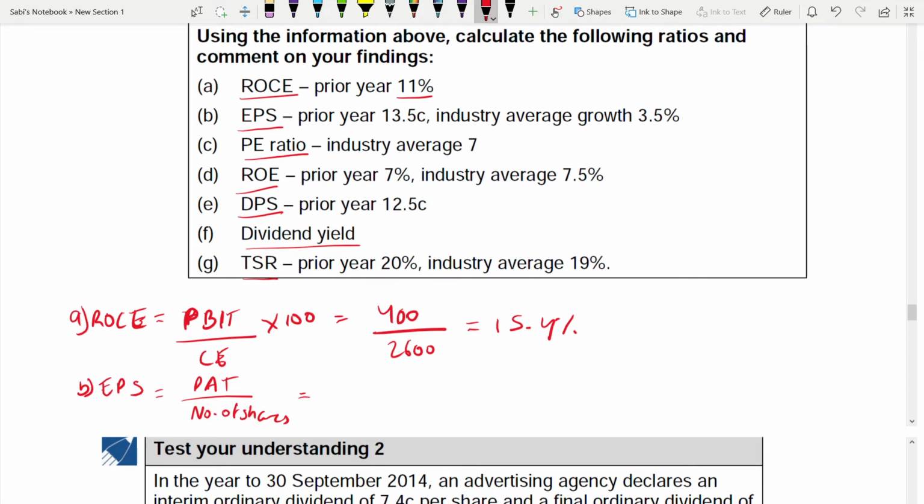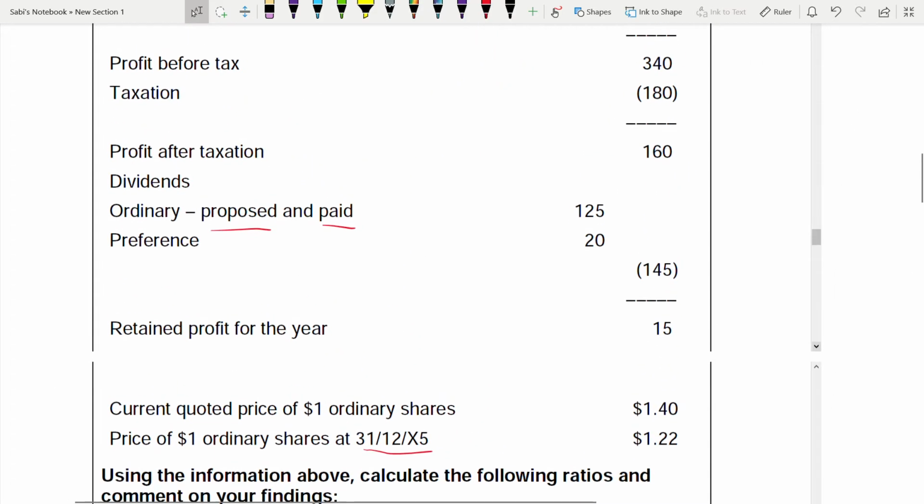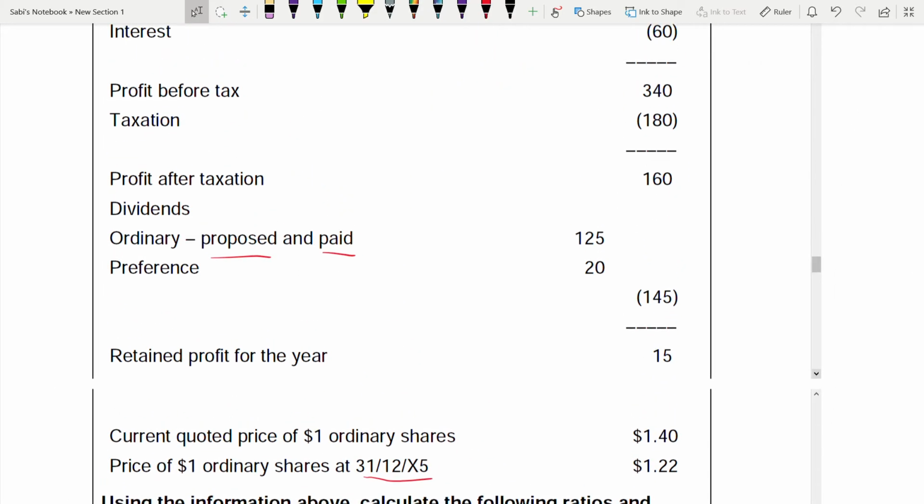What is the profit attributable to the ordinary shareholders? If you see, 160 minus 20, you have to take this 20 also out. When there's a dividend for preference, remember, we take it out, because after we take that out, the balance is for the ordinary shareholder. So 160 minus 20.